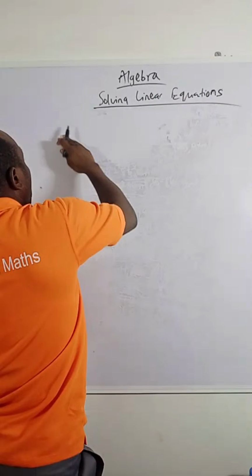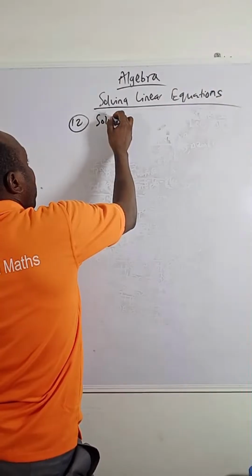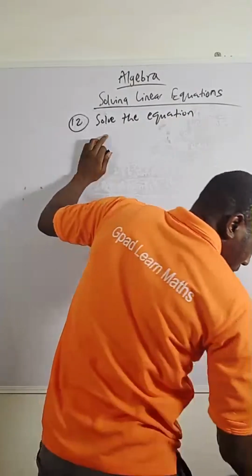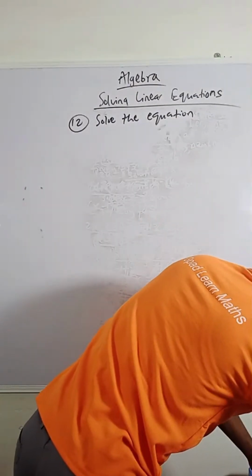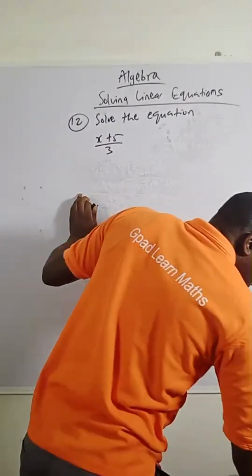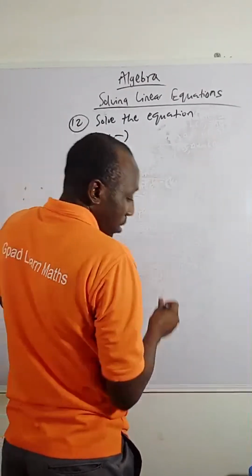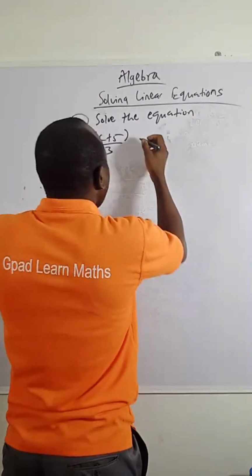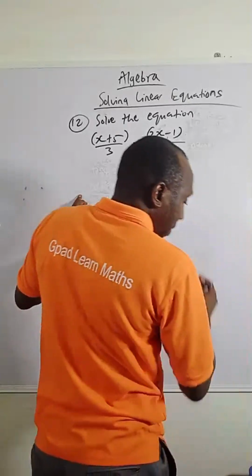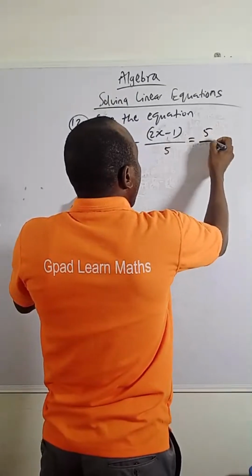So I think this is number 12. Solve the equation: x plus 5 over 3, minus, you have to be careful with this one, 2x minus 1 over 5 is equal to 5 over 6.